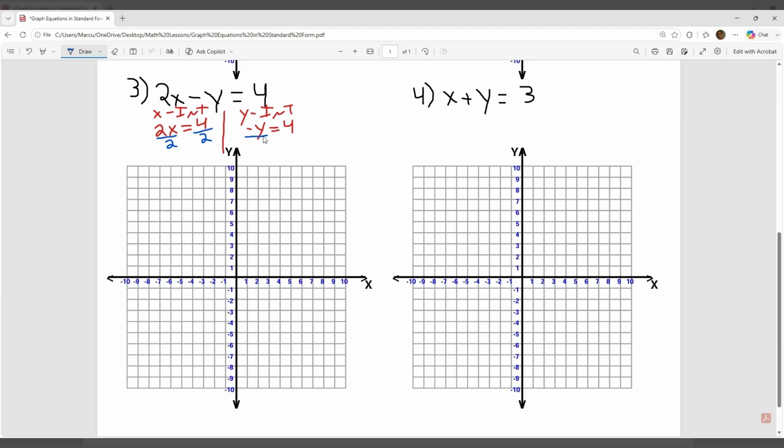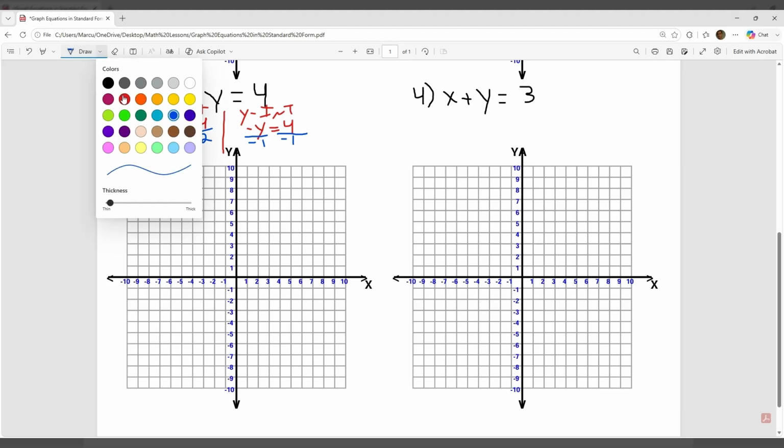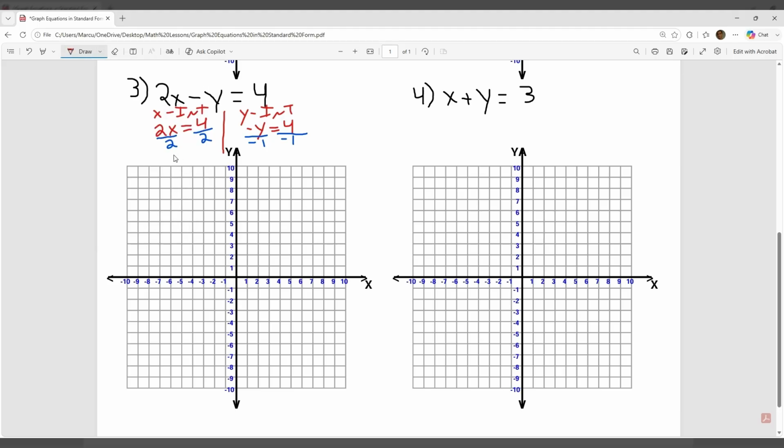And for the y, you're going to divide both sides by negative 1. So once you do that, for x, you're going to get 2. And for the y, you're going to get negative 4. So x is 2, so (2, 0). And the y is negative 4, so (0, negative 4).